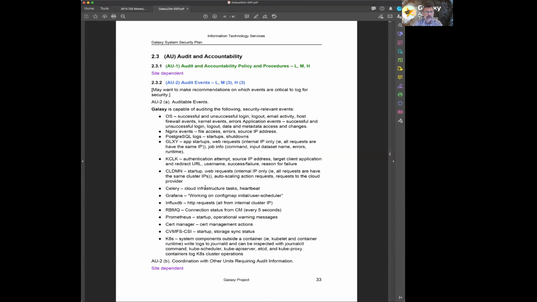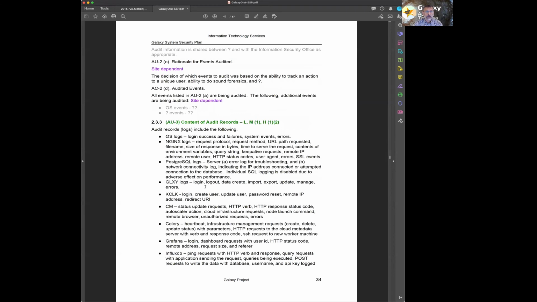AU is another very important control family. It's about audit and accountability. It's about logging mostly. So, for example, this documents the kinds of things the Galaxy itself is auditing and is logging, but you have to determine, again, by AU2C what events you must audit.